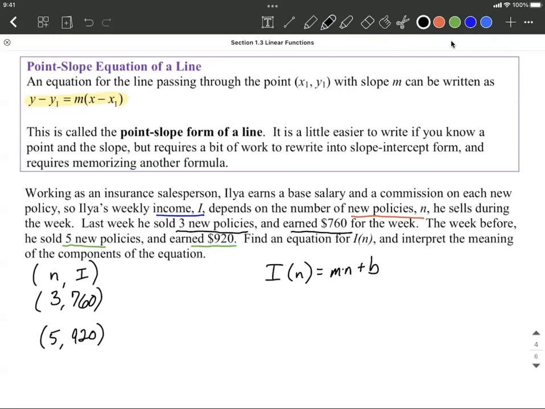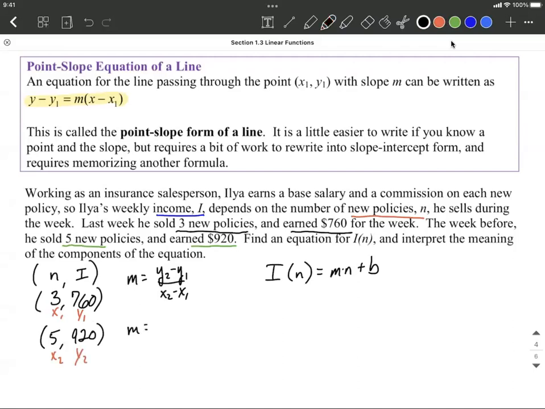Okay, to fill into the point slope form, well, we have a point. We actually have 2 points, but we need a slope to go with them. So let's calculate the slope using the slope formula, which is y2 minus y1 over x2 minus x1. I'm going to go with these are the sub 1s, these are the sub 2s, and get filling in.